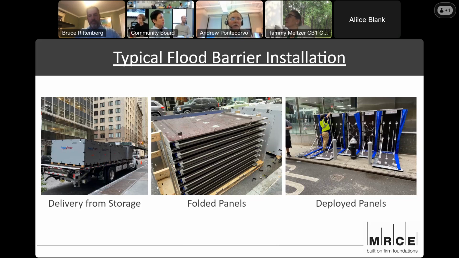It has some flood protection system that incorporates a fastener in the sidewalk. I don't know what their system is, and I'm not involved in that project, but I walked by there today and I saw them.